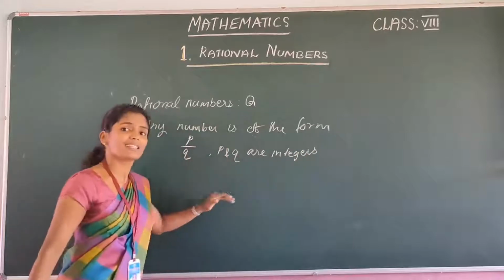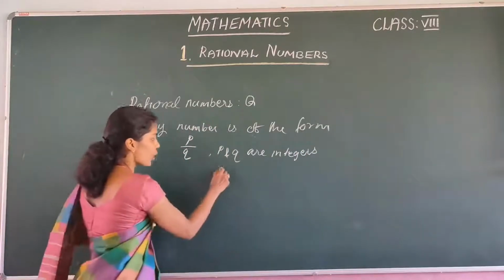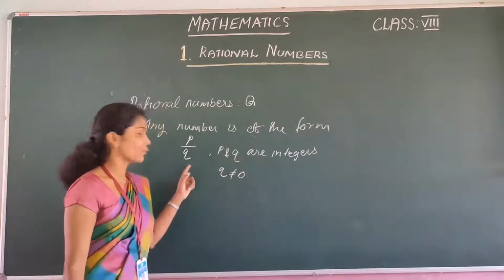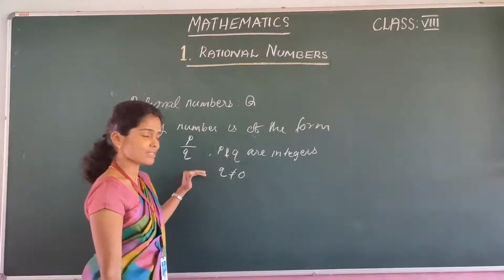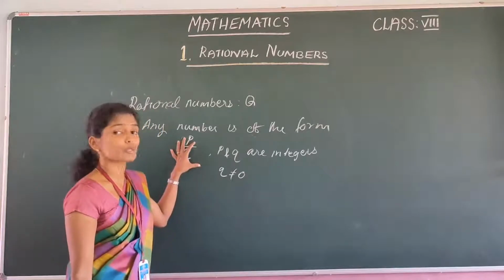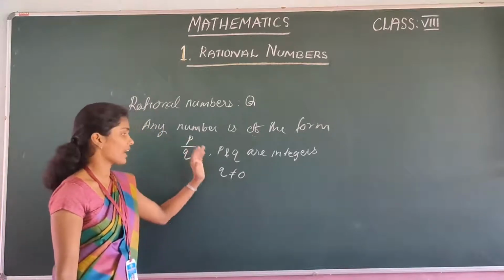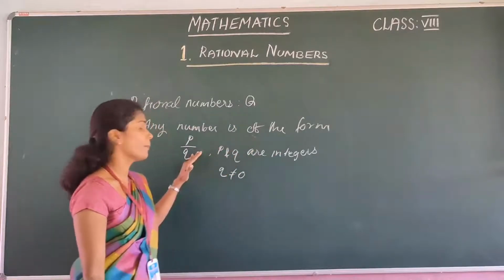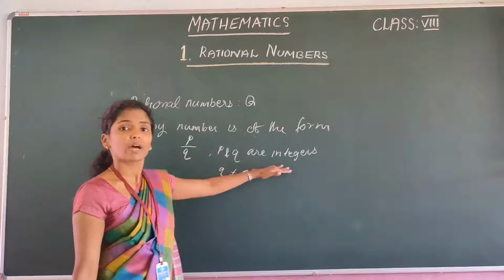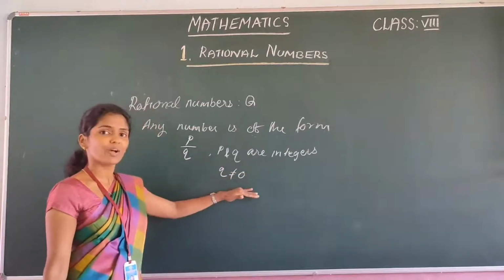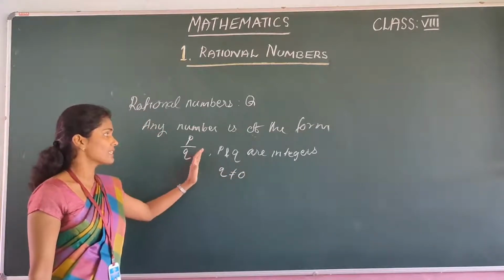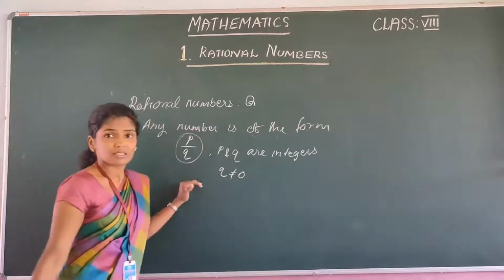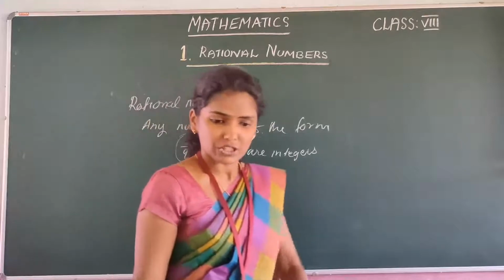One more specialty is there: Q is not equal to 0. If Q is 0, what happened there? Q is the denominator here. If Q is equal to 0, then this is not defined. So, we write this condition also. Any number of the form P by Q, where P and Q are integers and Q not equal to 0, is the form of a rational number. We call this type of numbers rational numbers.